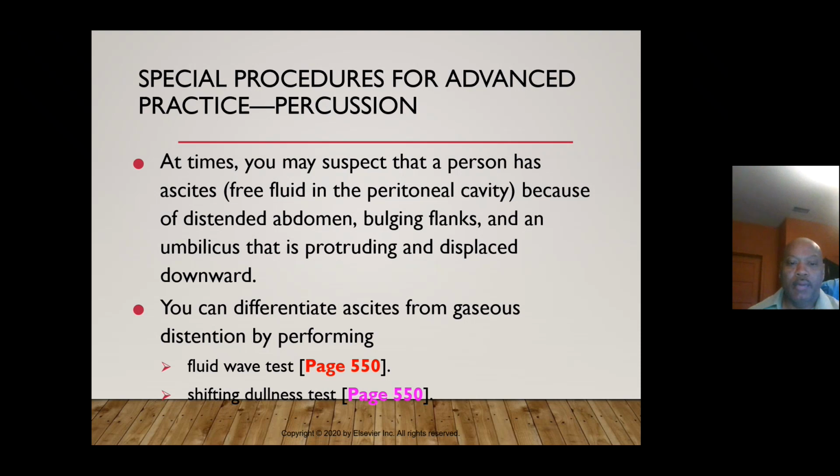Someone with ascites, not only in cirrhosis, but you can also see it in heart failure, portal hypertension, hepatitis, pancreatitis, and cancer as well.